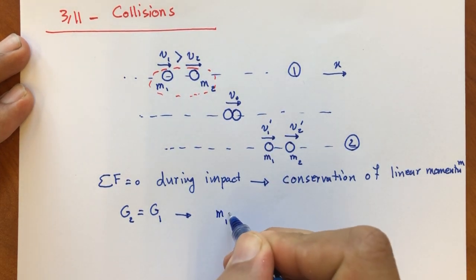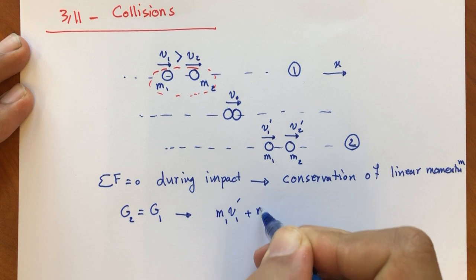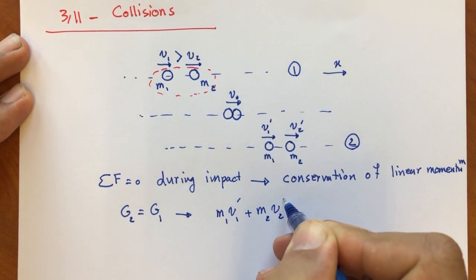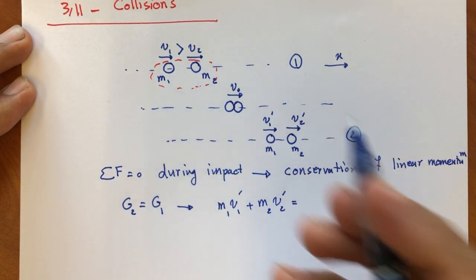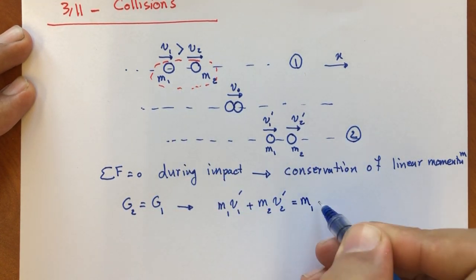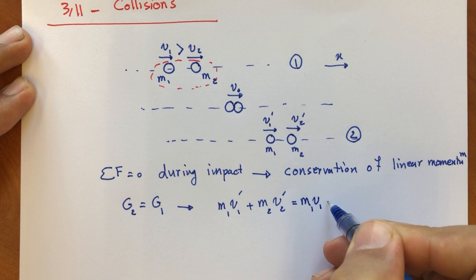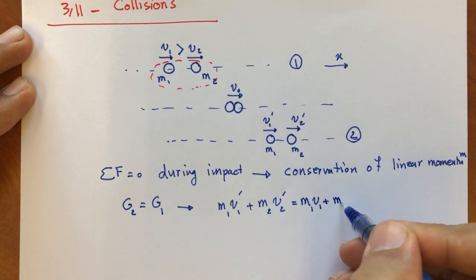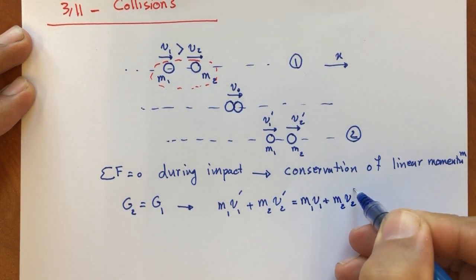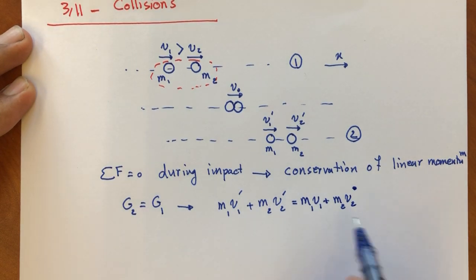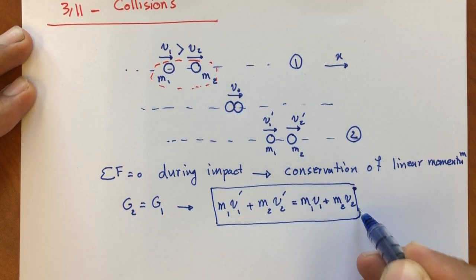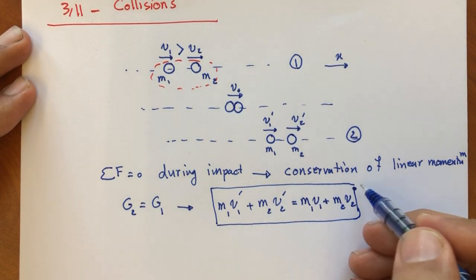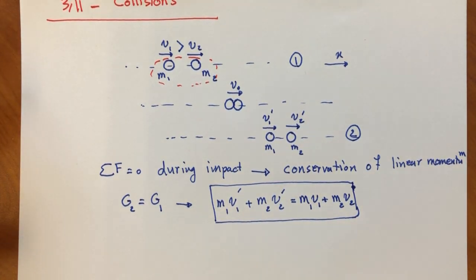So m1 v1 prime plus m2 v2 prime. And the linear momentum before impact is each mass times the velocity of it, then add them together. So this is going to be my first equation. I have two unknowns, and this is the first equation. I need one more equation.